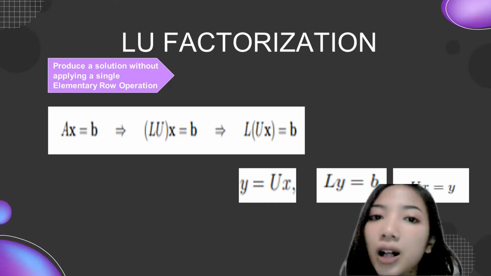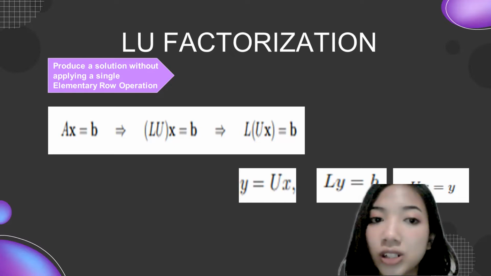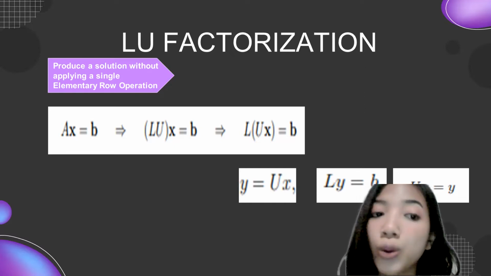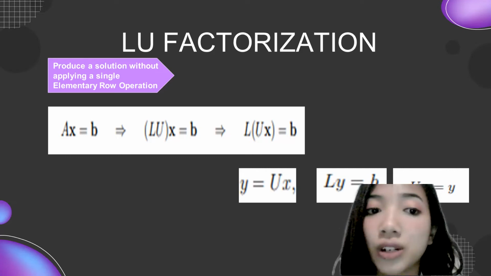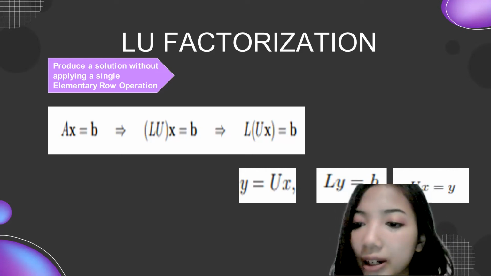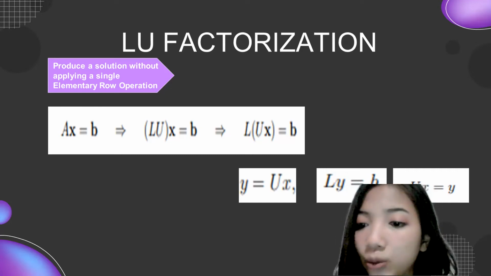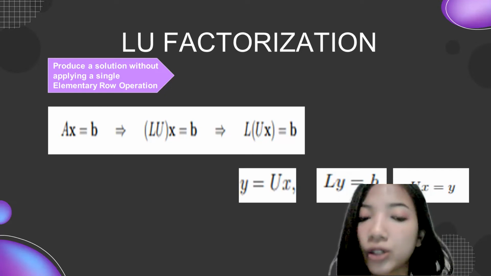So before we jump too far, we need to know that the goal of doing LU factorization is to produce a solution without applying a single elementary row operation. To accomplish this, we first set y = Ux.